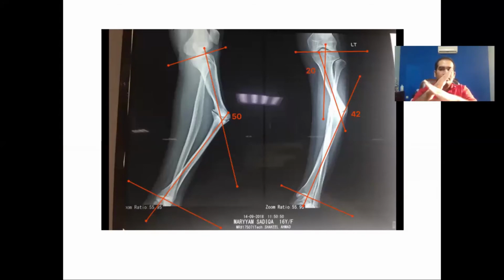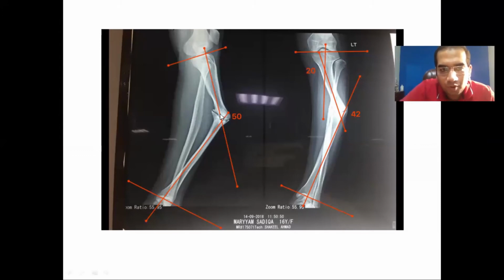By this way, if you are doing your planning to correct the deformity by taking out a wedge, since it's an unmagnified X-ray, on that X-ray you can mark the angles and calculate the amount of wedge that you want to remove. Okay. The main goal is you want to take out wedges and make the bone edges perpendicular.